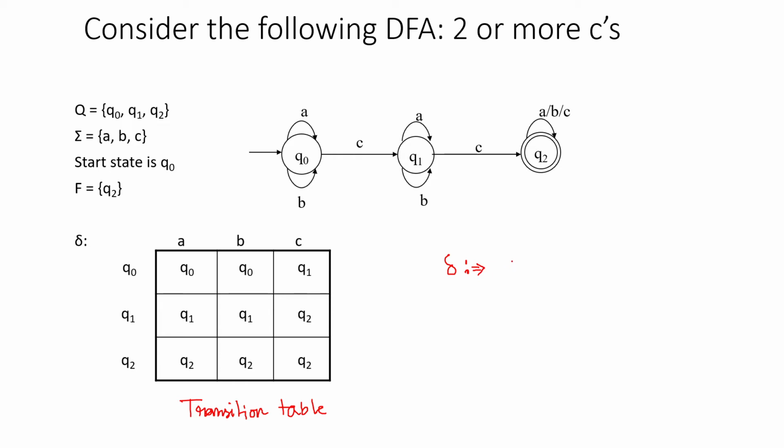Delta is basically a state with the alphabet, which maps to 2 to the power Q states. Why 2 to the power Q? Because we have all the options.